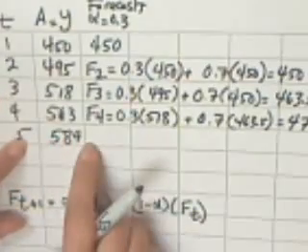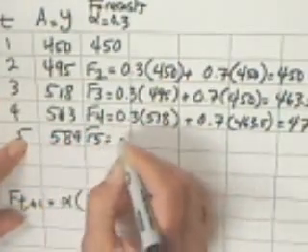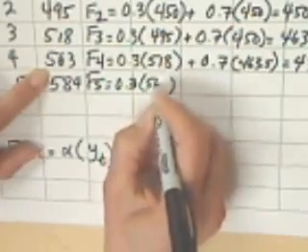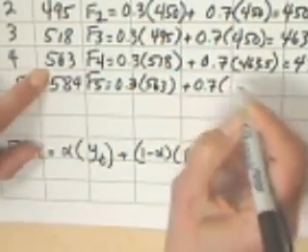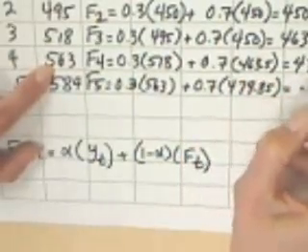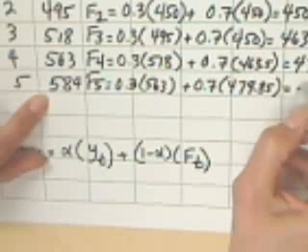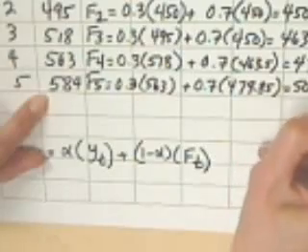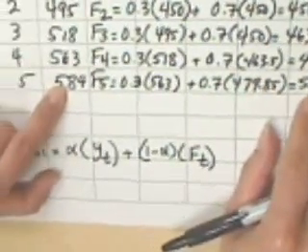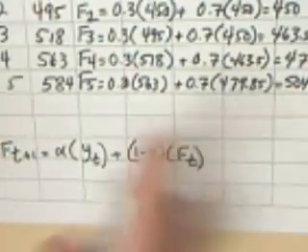And we'll do the next one. F5 is 0.3 times 563 plus 0.7 times 479.85, and that gives me 504.8. And now I can use that information, the actual and the forecast, from time period 5 to make a forecast for time period 6.